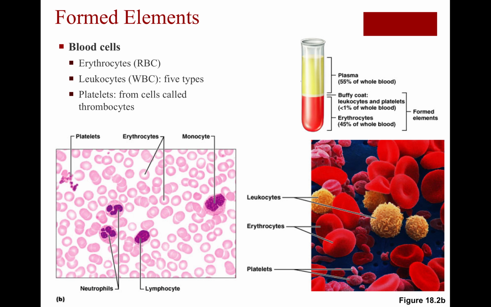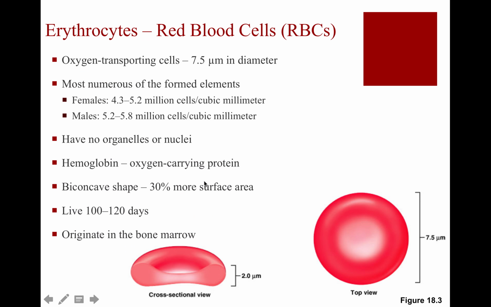Again, anytime you hear the words formed elements, it implies the cells that are found inside the blood. In this case, as we discussed, we have erythrocytes, leukocytes, and platelets. Be able to identify each of these tissues within a picture.